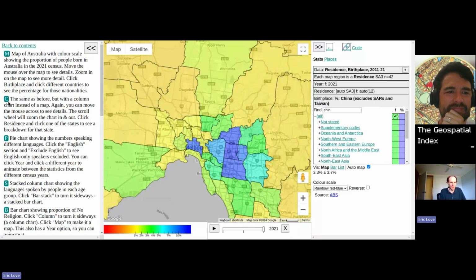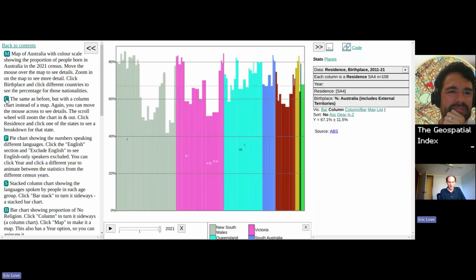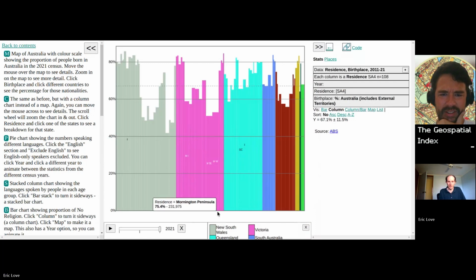Or perhaps we can look at the next link on the left, which gives us that percentage born in Australia, but now it's a chart with a column for each area. By state, so each color is a state.